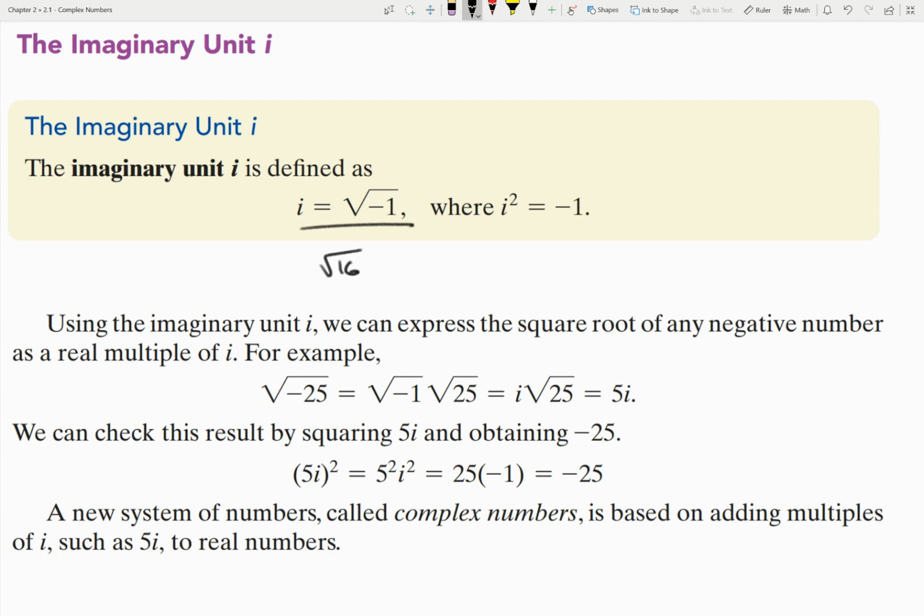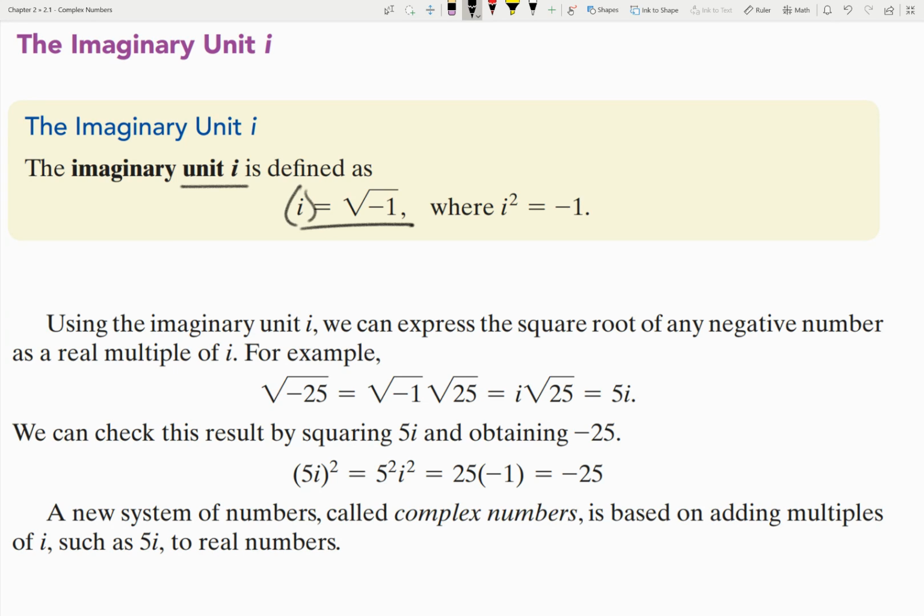But what two numbers multiply together to give you -1? Remember, they have to be the same. There are no real numbers that multiply together to give you -1. Therefore, the square root of -1 is not a real number, which is why we use this imaginary number, i, a number that's not real. It's imaginary.